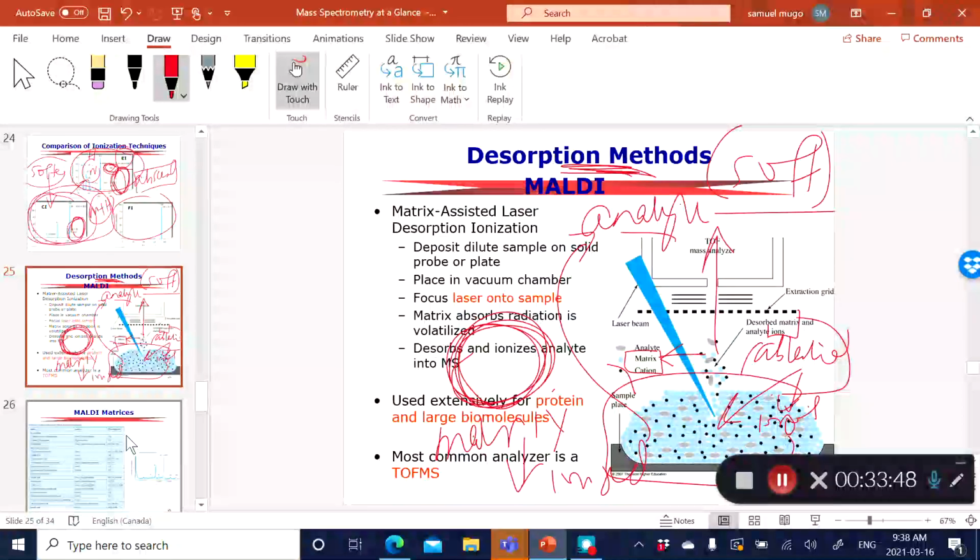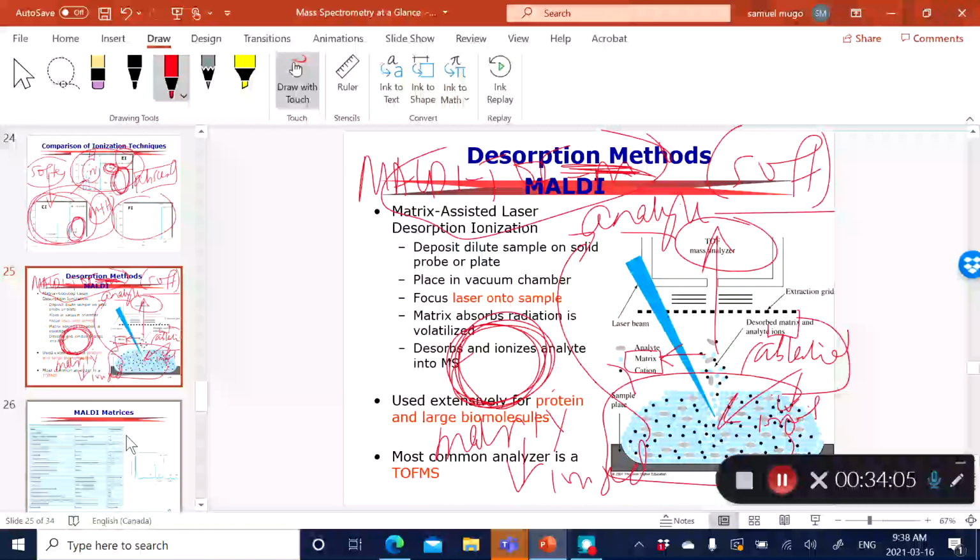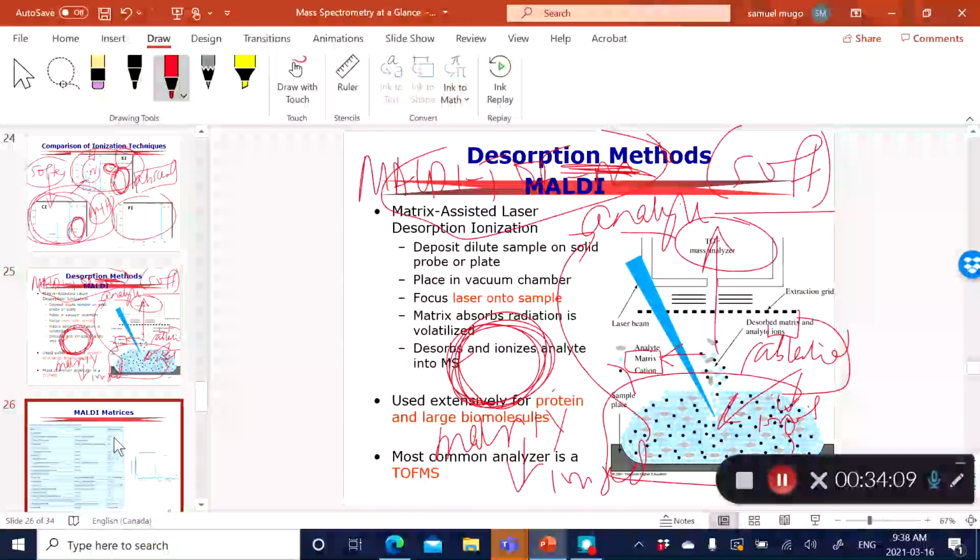In almost all cases, the mass analyzer for MALDI is the time of flight. So you're going to find instruments out there called MALDI-TOF MS, because TOF is the predominant mass analyzer used with MALDI.